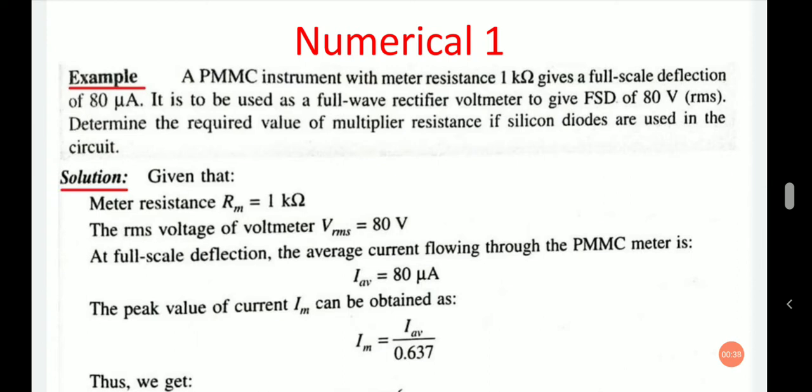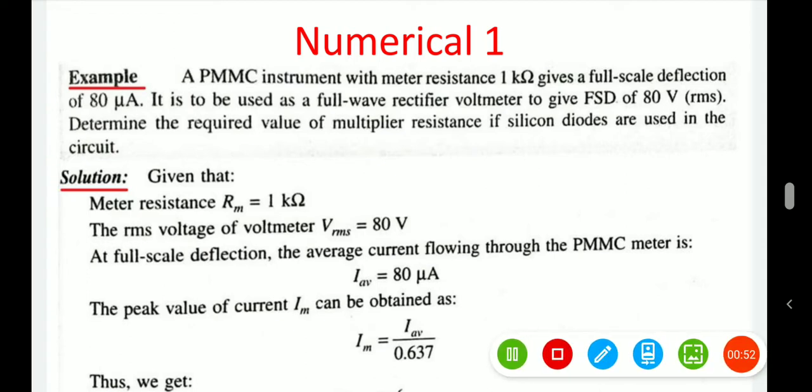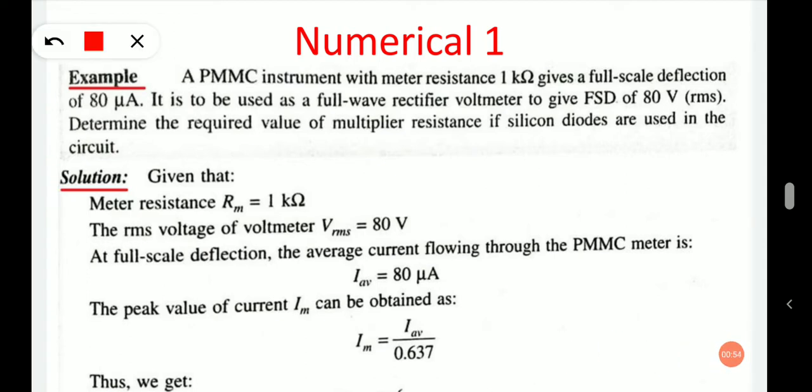So first numerical is that a PMMC instrument with meter resistance 1 kilo ohm gives a full scale deflection of 80 microampere. So here meter resistance is given, that is Rm equals to 1 kilo ohm.